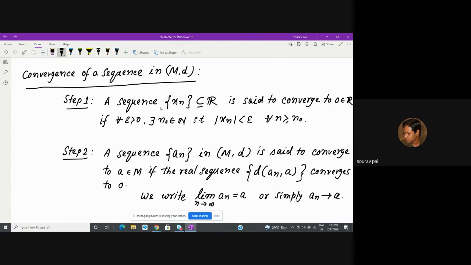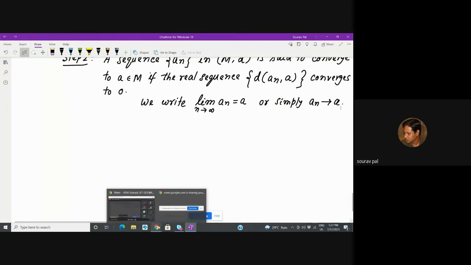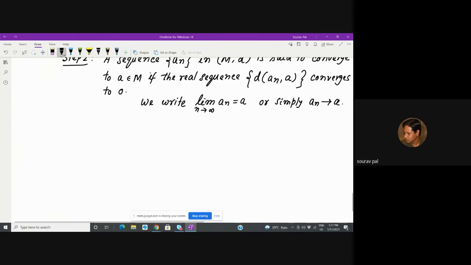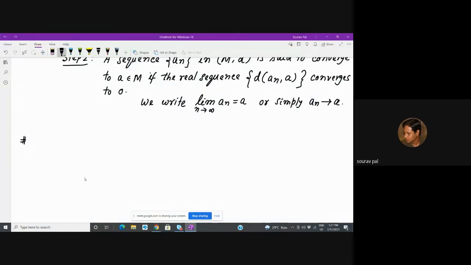And the next thing is, I am going to state a common fact that if in a metric space a sequence has a limit, the limit is unique. I am not going to prove this. Do you know why? Yes, Hausdorff, because every metric space is Hausdorff.